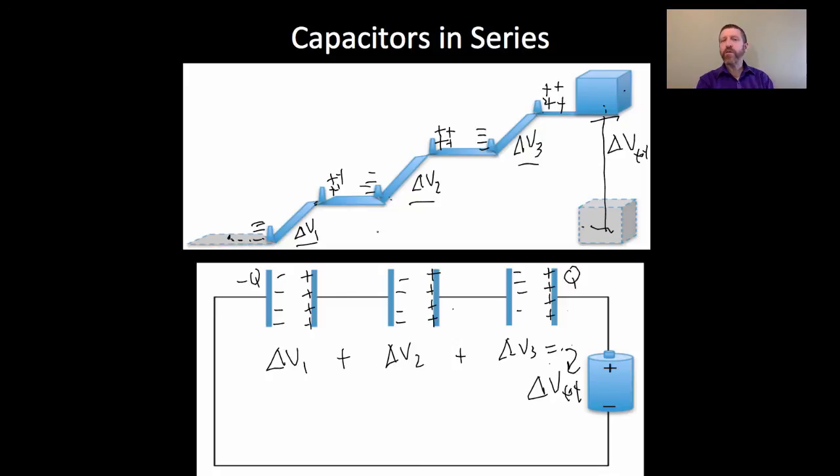The smaller the voltage difference for each individual capacitance, the smaller is the amount of charge it can hold. And again, the charge has to be the same for each one of these. So by breaking up the voltage into smaller and smaller pieces, you're actually making it a weaker capacitor. Sometimes that's what you want to do, but if you're trying to make a big capacitor, putting a bunch in series is not the way to do it.